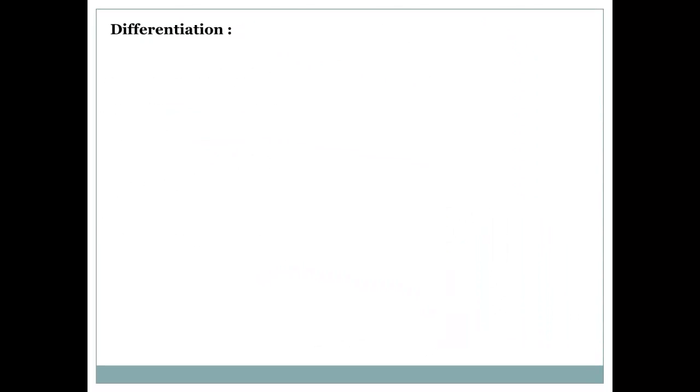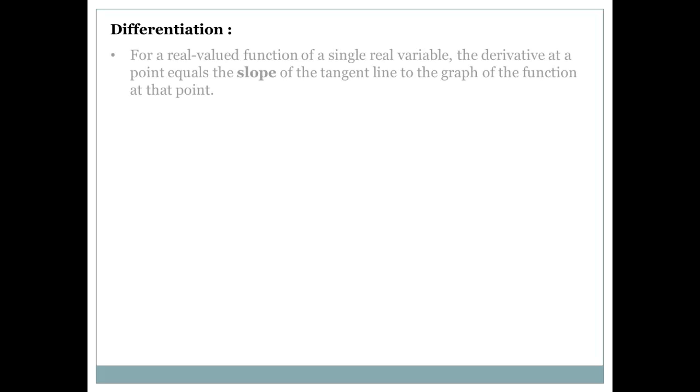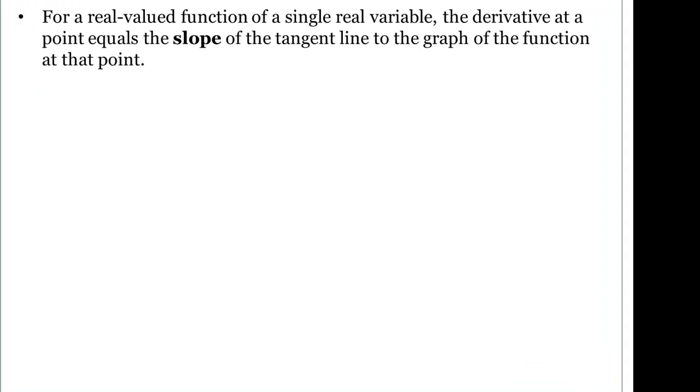Now let's look at differentiation. For a real valued function of a single real variable, the derivative at a point equals the slope of the tangent line to the graph of the function at that point.